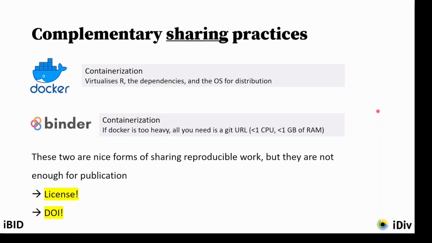Saying that you made a Binder for your project is also not enough, because Binder and Docker are very nice ways of sharing your work, and they can make it very precise, meaning that the person will get what they need to run your project. But it's not enough for publication in the sense we want you to understand, because again, it doesn't necessarily include a license telling people this is what you can do with this work.